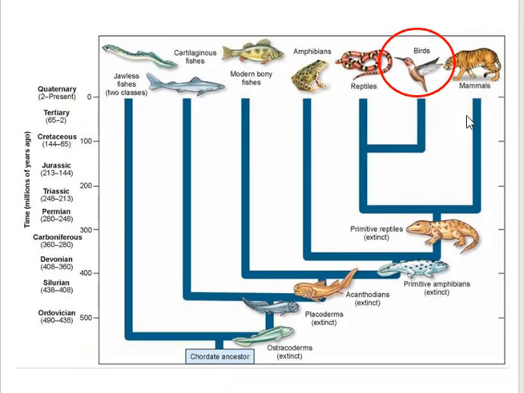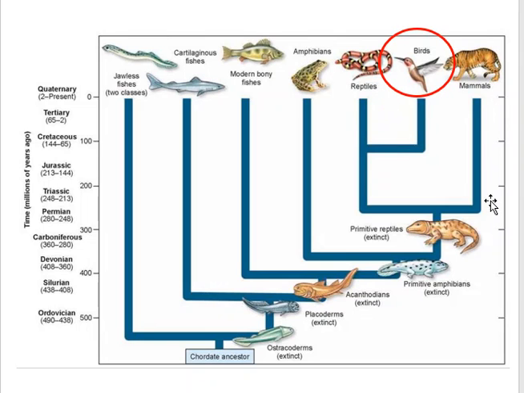All right. So this is a different phylogenetic tree from what I've been showing so far, because in the phylogenetic tree that we have been watching so far, birds are not contemplated. And the reason why they're not contemplated is because birds are really a branch off from reptiles.